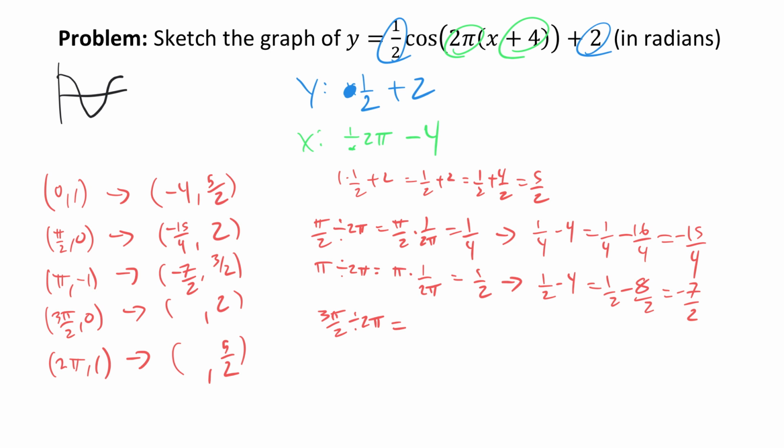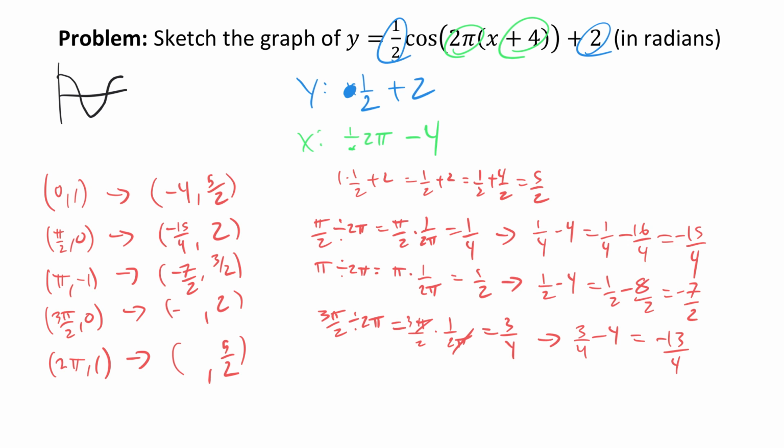That's going to be 3 over 2 times 1 over 2 pi. So 3 over 4. Then we got to do 3 over 4 minus 4. So we get 3 minus 16, so -13 over 4.